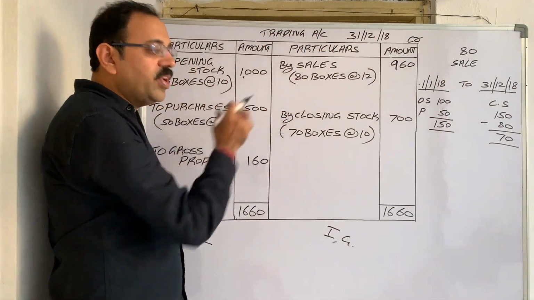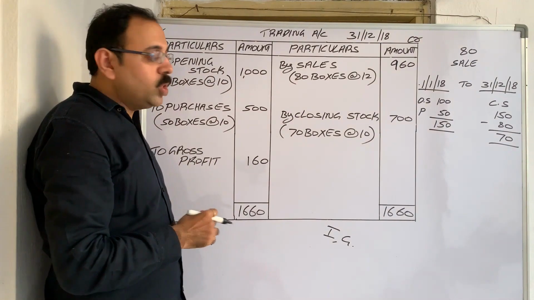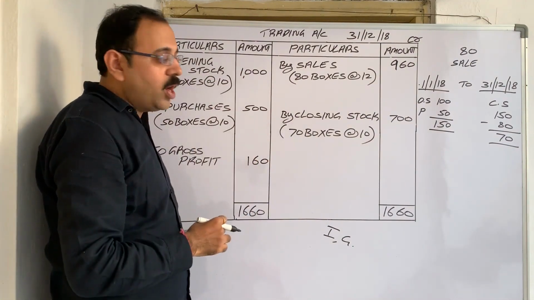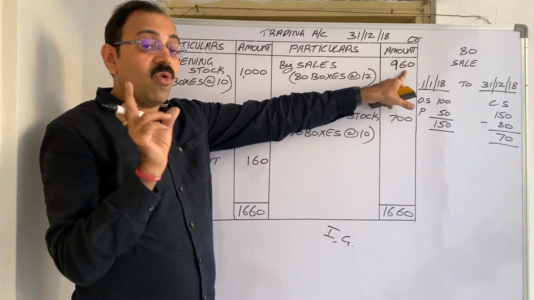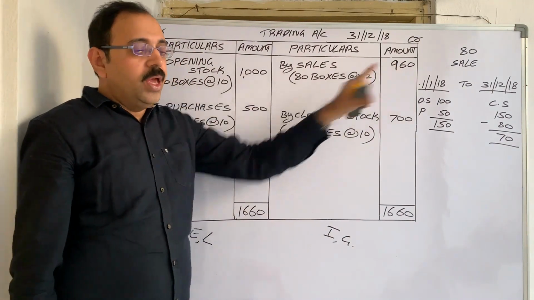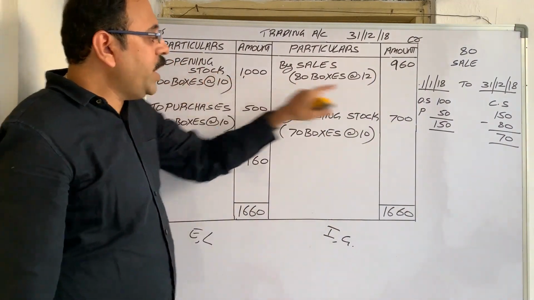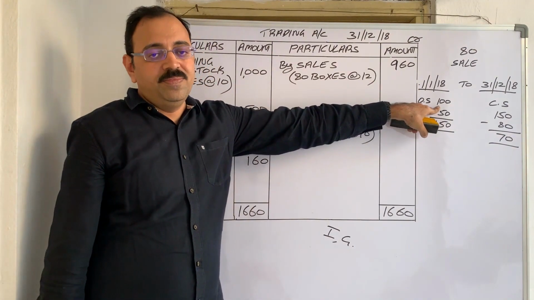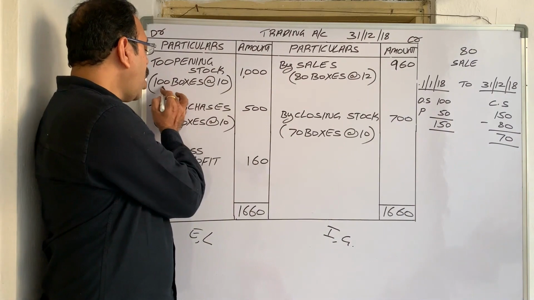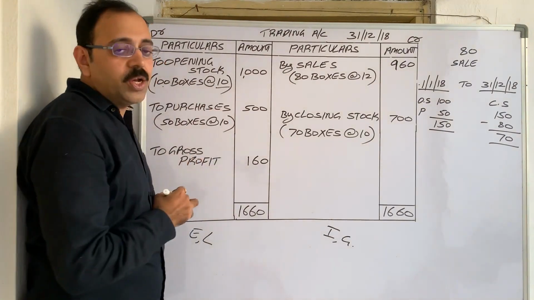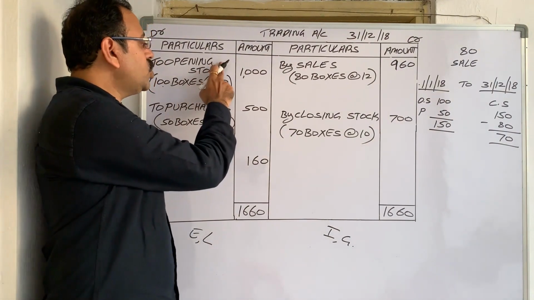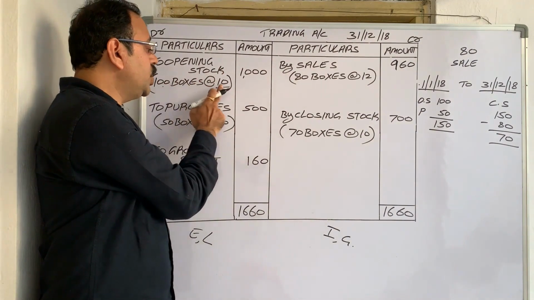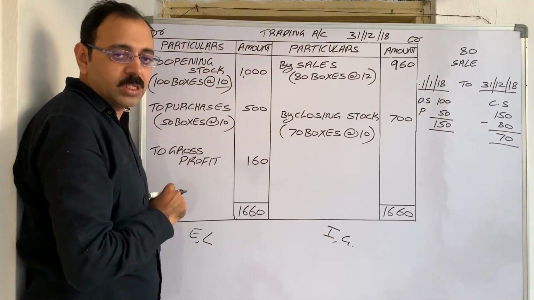Now they prepared one trading account, and to understand this point, not only the amount, even the quantity I am mentioning. Assume that on the opening date, they have 100 boxes with them, and each box cost price is 10 rupees. Then opening stock value is 100 boxes into 10 rupees, 1000 rupees.